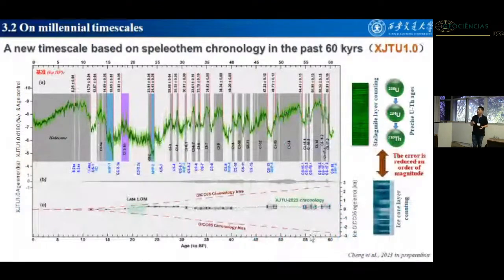This is our lab's recent work. Because we use precise uranium-thorium dating and also layer counting, conformal layer counting, we can build a very precise chronology. In the middle, the black arrow bar is our speleothem chronology errors, and the red dashed line is the ice core chronology error.